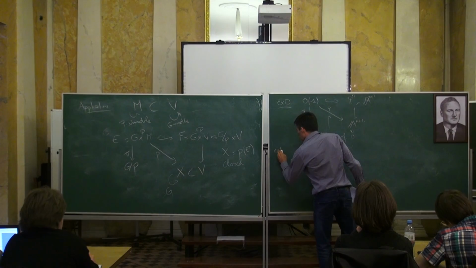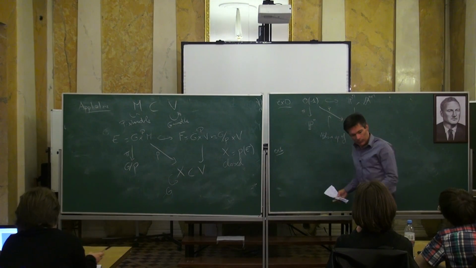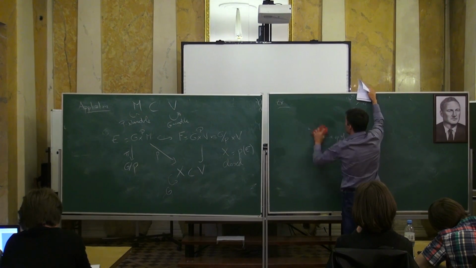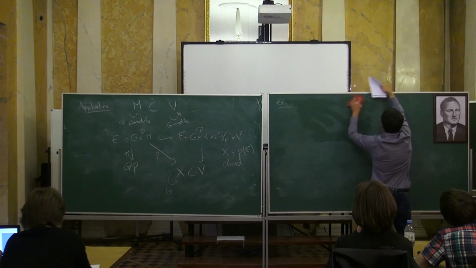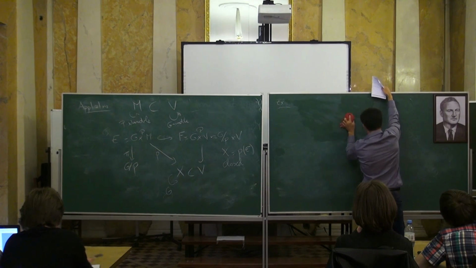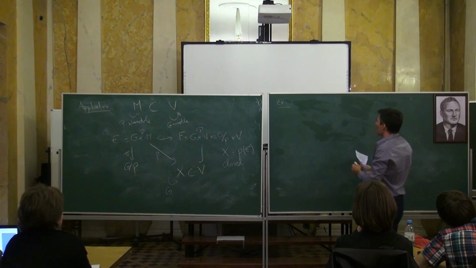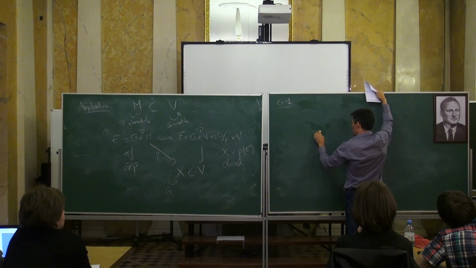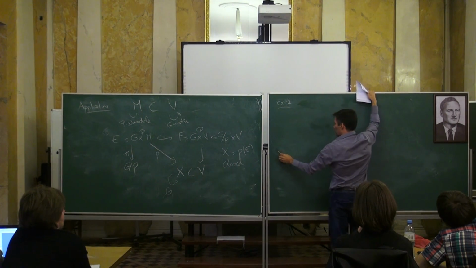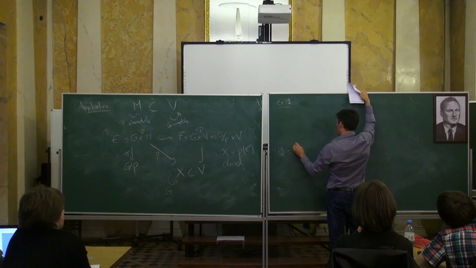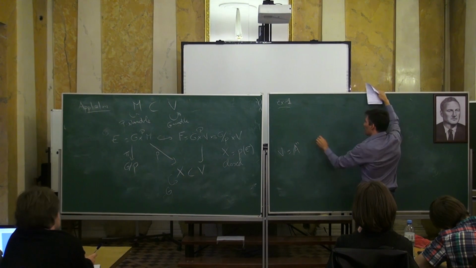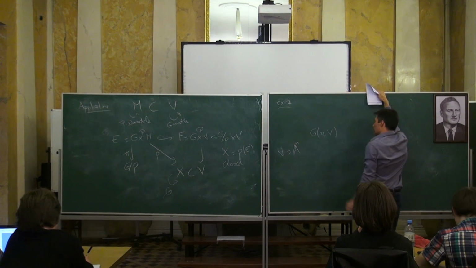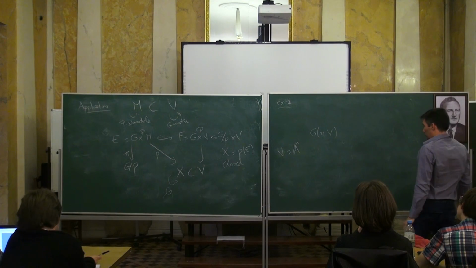So, slightly more sophisticated example. Maybe I should erase this. So we take V, a vector space of dimension n. So we look at the Grassmannian G(r, V).